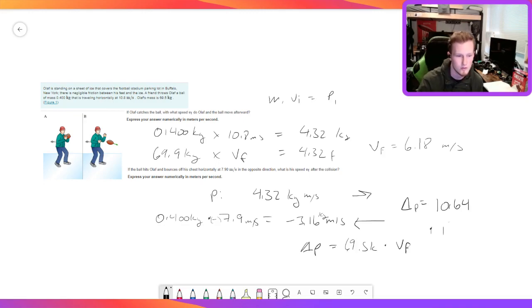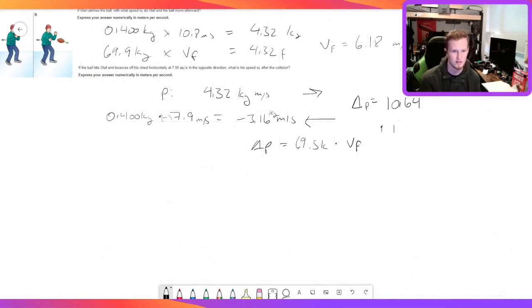So we're just going to quickly rearrange our numbers here. We obviously know delta P now. We know the 69.5 kilograms. We just need to find velocity final. So velocity final is going to be our 10.64 divided by our 69.5 kilograms.